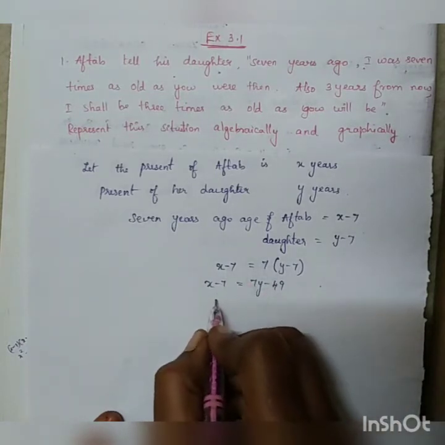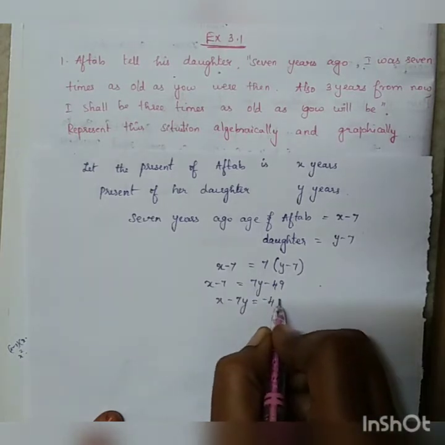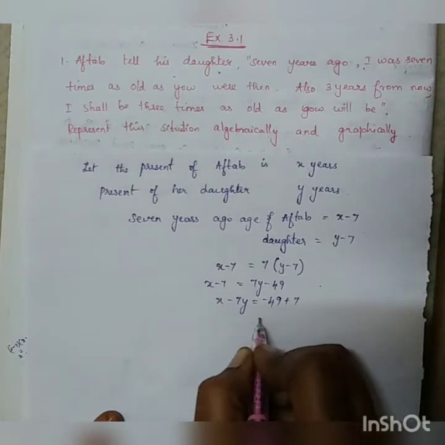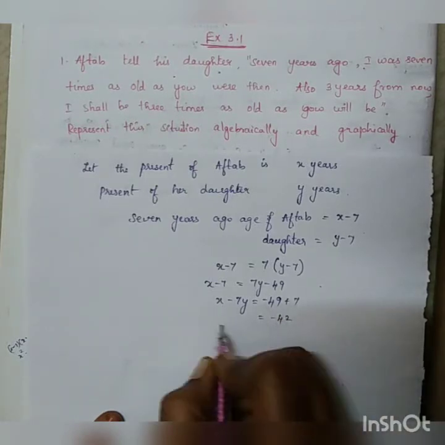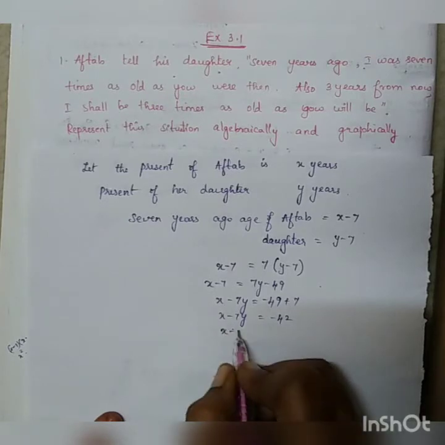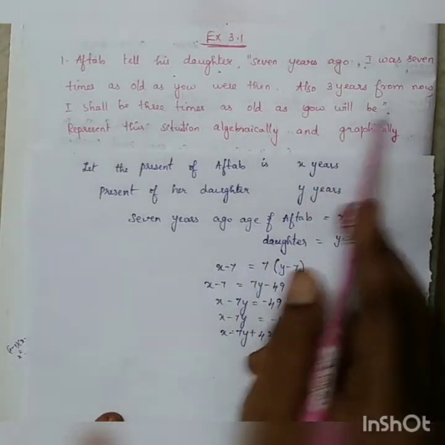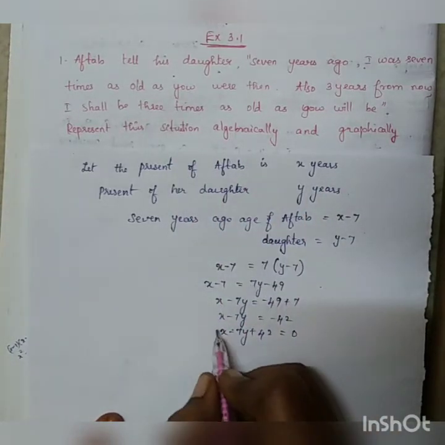Take the 7 to the other side. x minus 7y is equal to minus 49 plus 7, so this is equal to minus 42. So x minus 7y equals minus 42, so x minus 7y plus 42 equals 0. From the first statement we have formed the first equation.